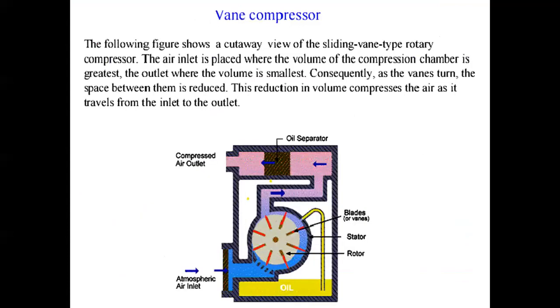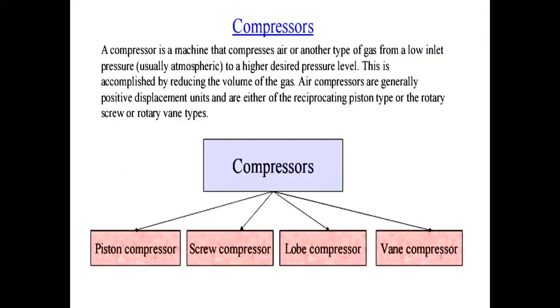We have discussed all the compressors one by one. So today in the first lecture we have discussed the compressor, principle of compressor, types of compressor, and constructional details of the compressor.